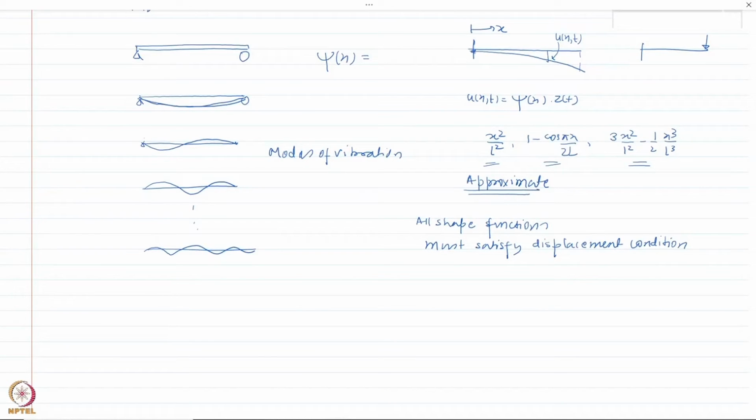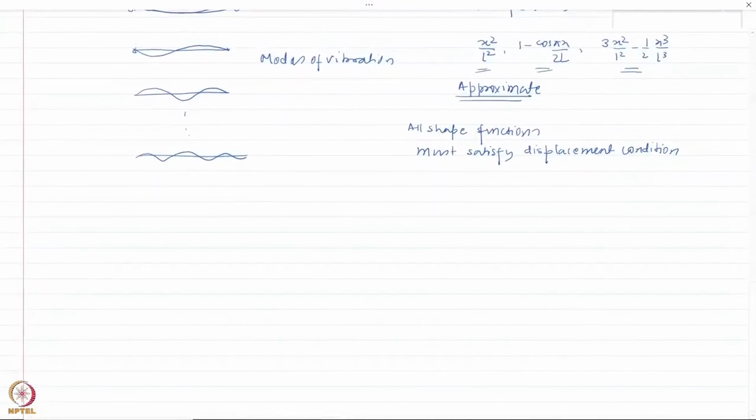Now, what we usually do, when I write u x t equal to phi x times z t, in these types of scenarios, is normalize phi x with respect to a point of reference.